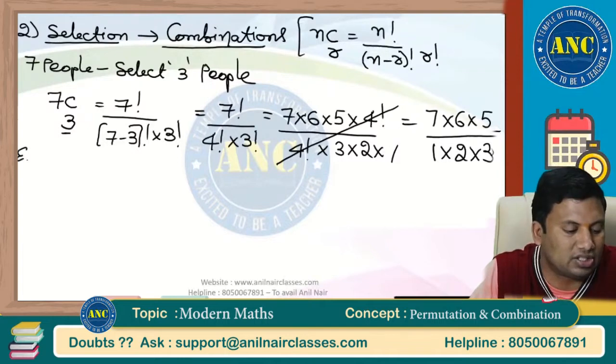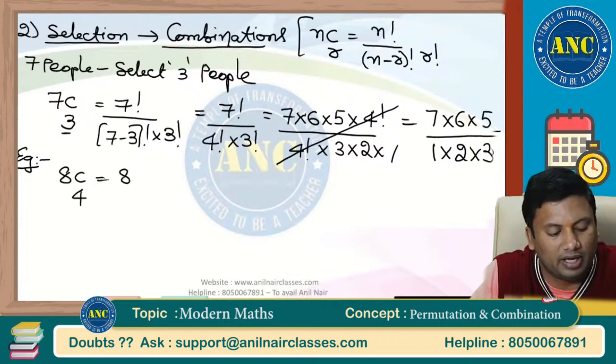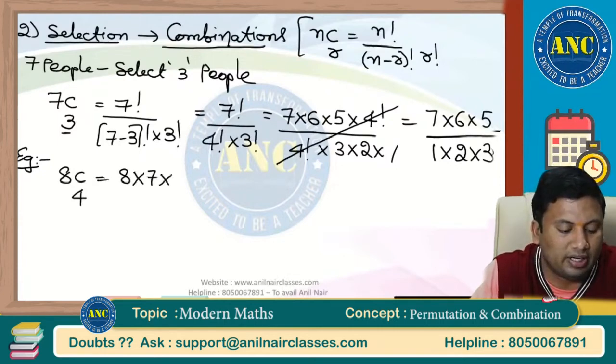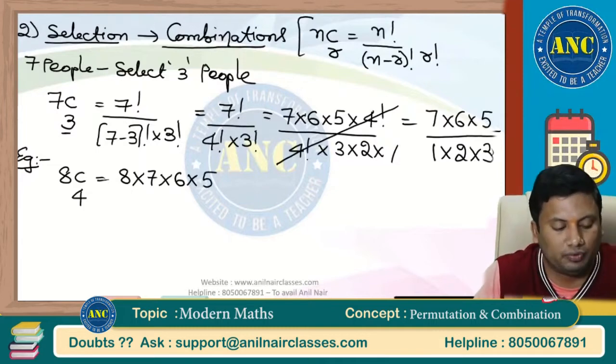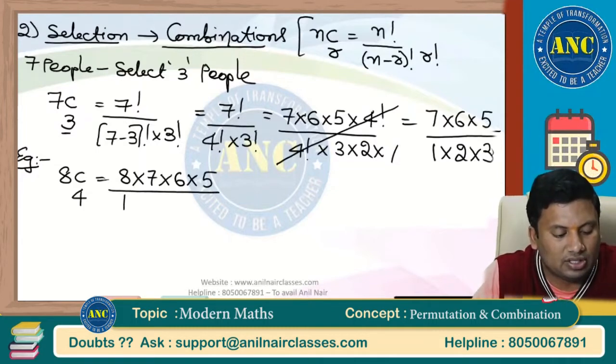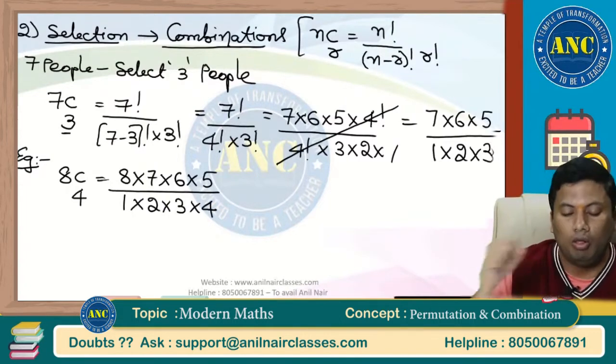This is an extremely important notation. If I want 8C4, start from 8, write 4 consecutive numbers in decreasing order: 8 into 7 into 6 into 5, divided by, start from 1, write 4 in increasing order: 1 into 2 into 3 into 4.